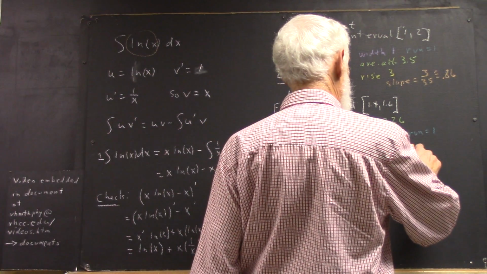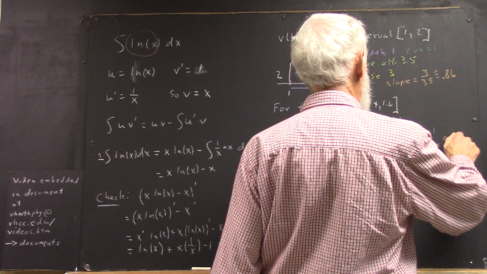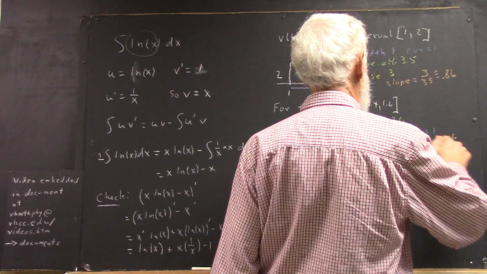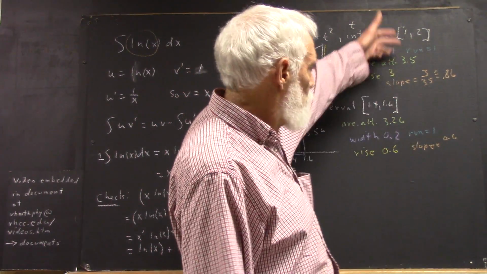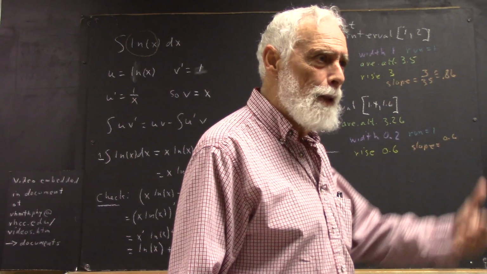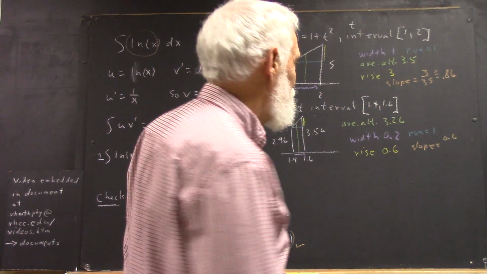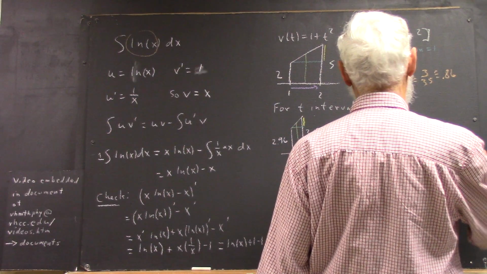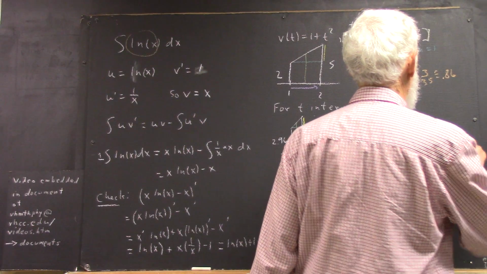Okay, and here the slope is rise over run, 3/3.5. I just took two numbers that were closest to my feeble eyeball and did that. I'll fix that in a minute. This is 0.6 over 0.2, which is 3.